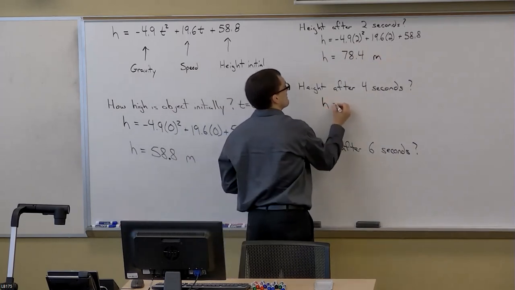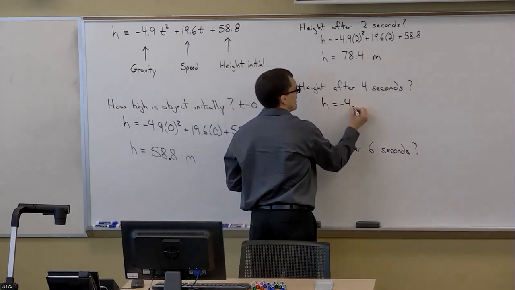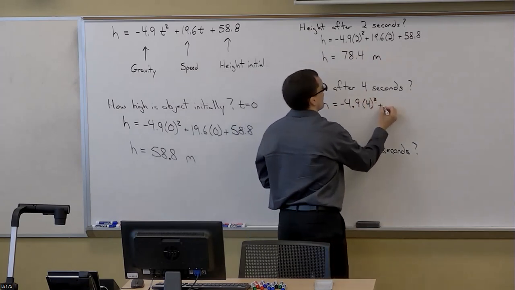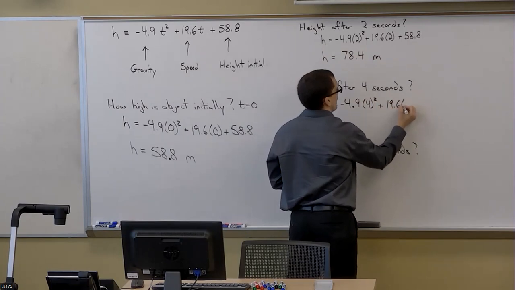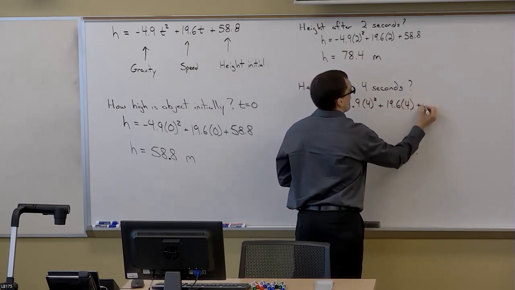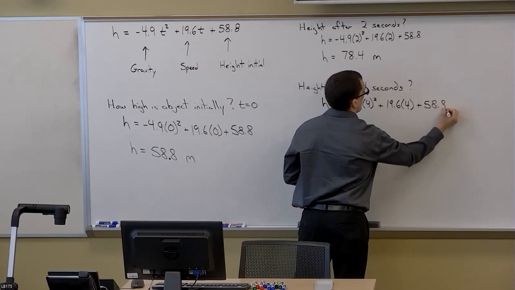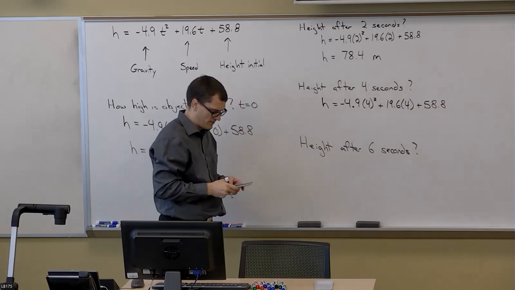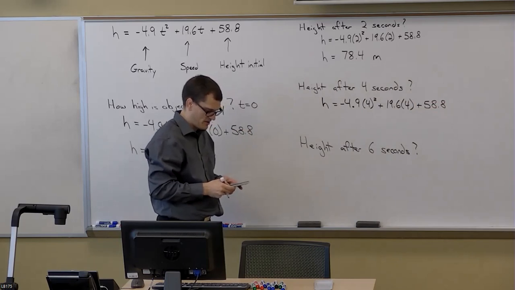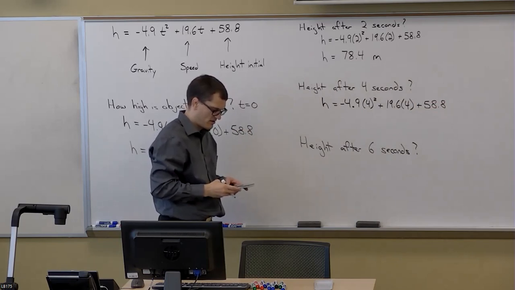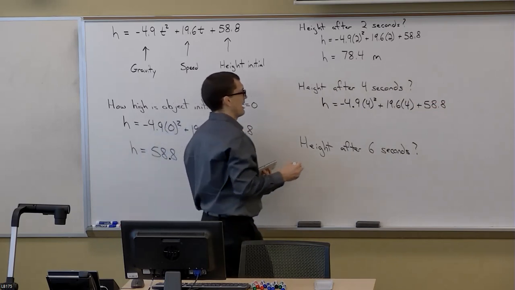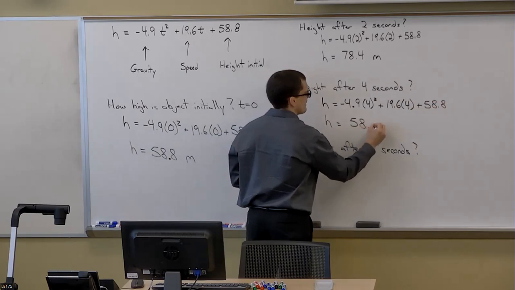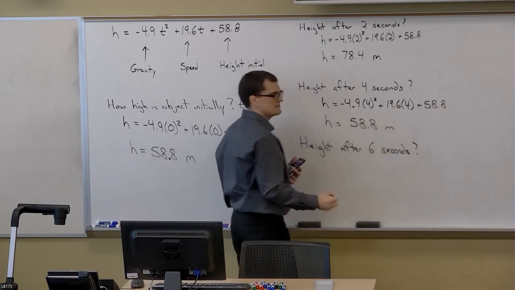After 4 seconds, do the exact same thing, but now with 4. You can actually just go back up and change everything you typed in from a 2 to a 4. And you get a height of, once again, 58.8 meters.